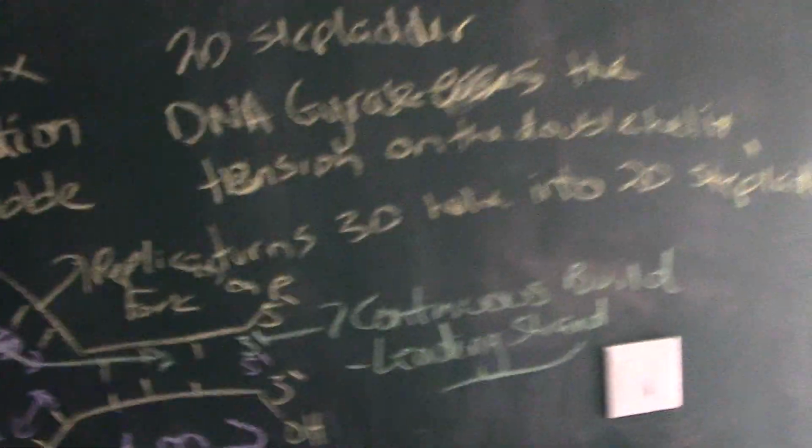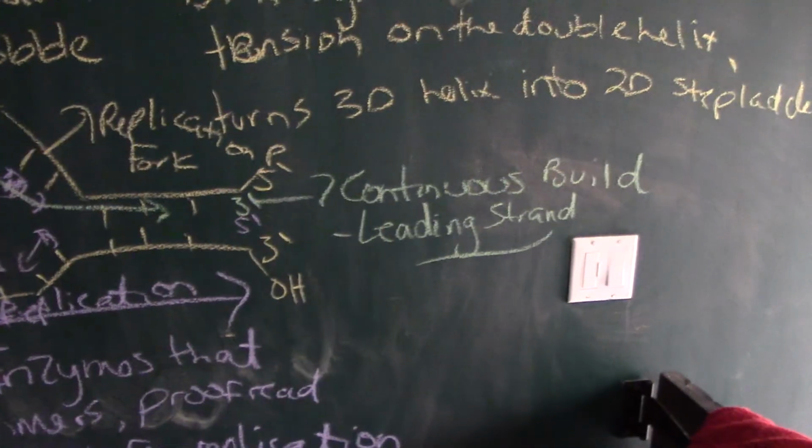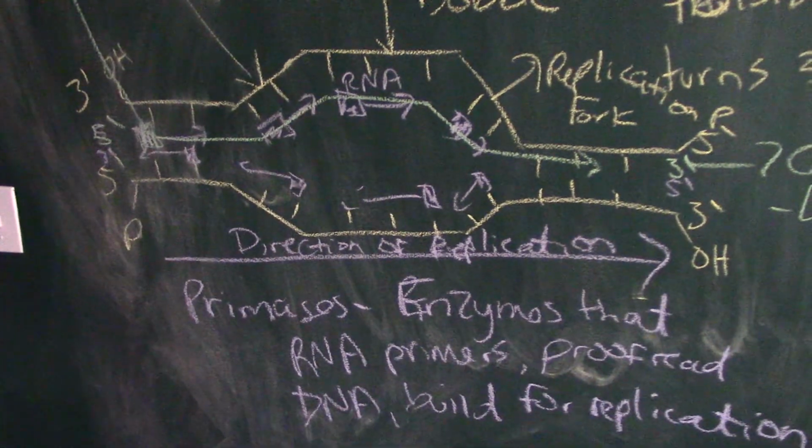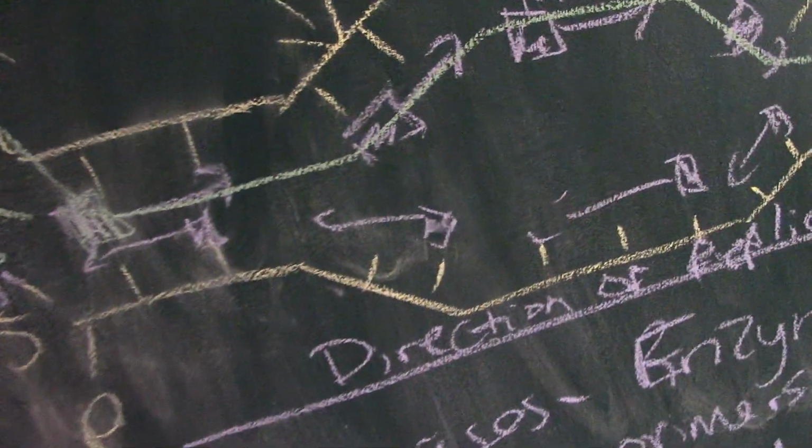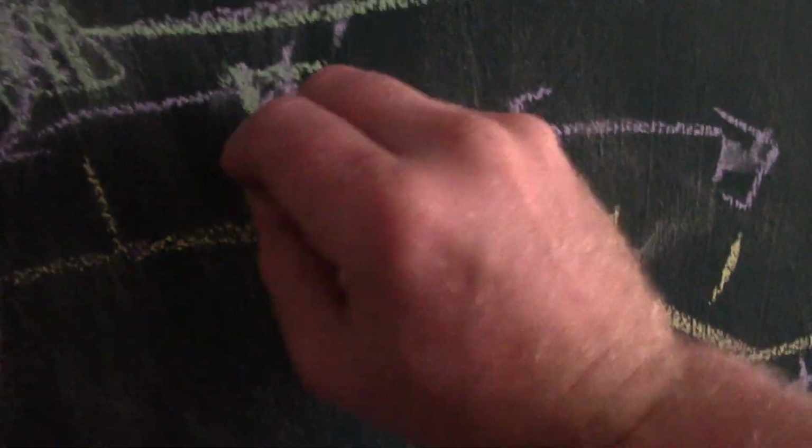So that's the leading strand. Now, again, remember that the direction of replication overall is this way. But the other strand itself has a 3' to 5' orientation, the other complementary strand that's being built. So it can't actually be built continuously. What happens is the DNA polymerases come in and they remove the RNA primers and they build in chunks.